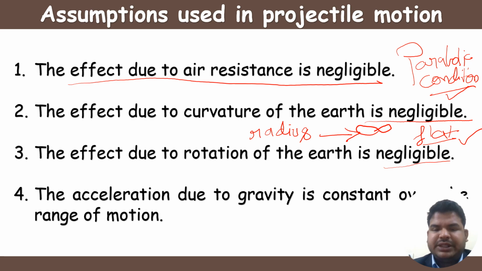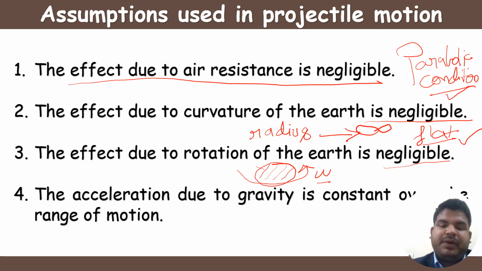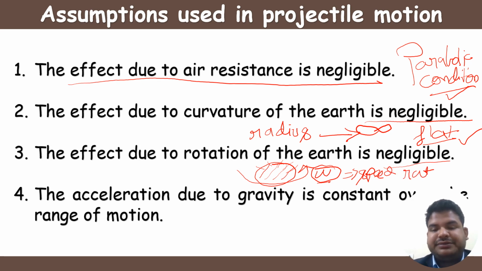Moving onwards in the next chapter, you will be seeing the effect of rotation of earth. Suppose this is earth and it is moving with omega, then different points have different gravity due to this omega. Omega is the speed of rotation of earth.